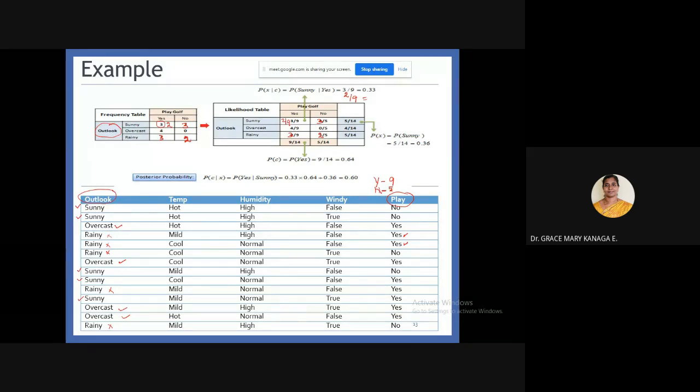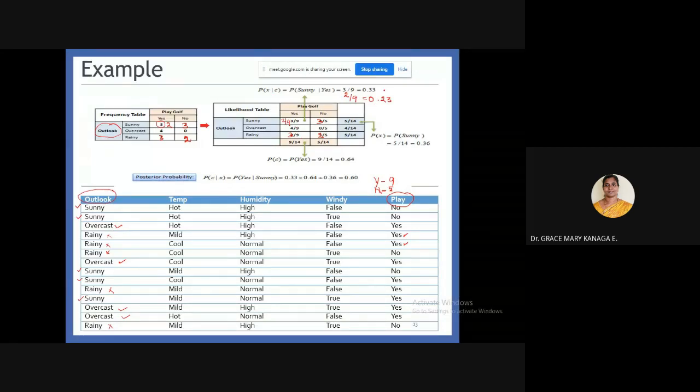What is the value of 2 by 9? 0.23. Yeah, 0.23. Good.